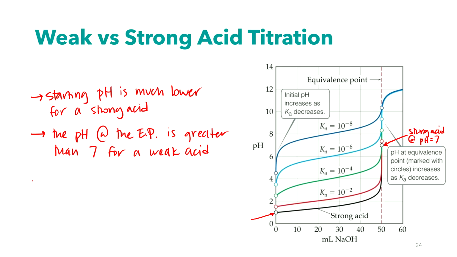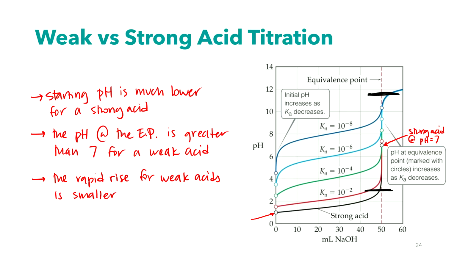And the other thing that you can see in this graph is that the rapid rise for weak acids is smaller. So let's compare, like our strong acid goes, I'd say, from here all the way up to here, okay?